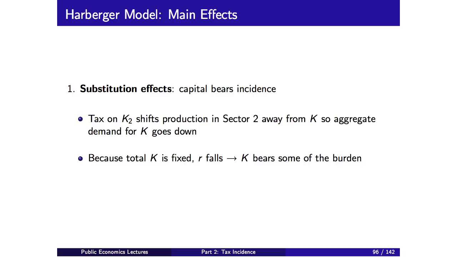And so the aggregate demand for capital is going to go down. Because the total amount of capital is fixed, the equilibrium interest rate is going to fall, right? The amount we're willing to pay capital owners. And so as a result of this straight substitution effect, capital is going to bear some of the burden. Okay?